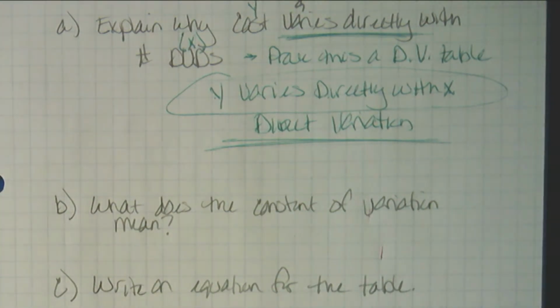So the first part is, after setting up the table, you're going to explain why the cost varies directly with the number of DVDs. Then tell me what the constant of variation means, and then write an equation for the table.